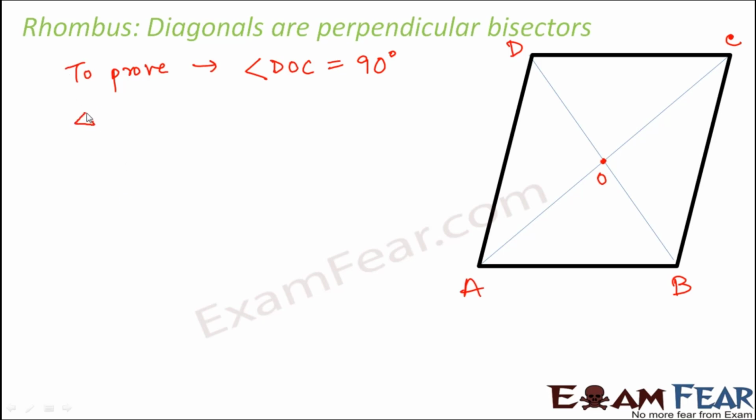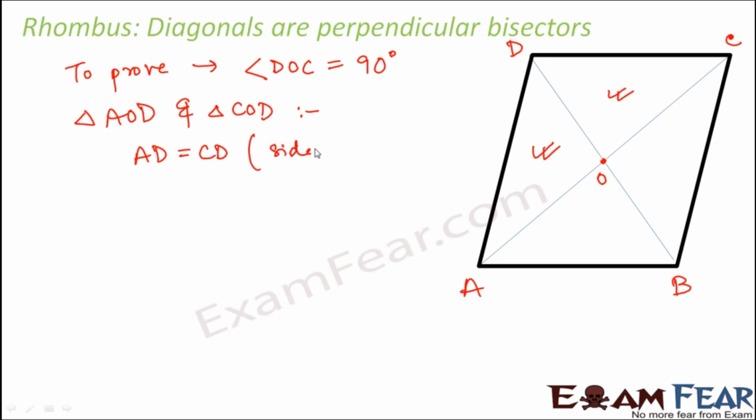For that, again, we will consider two triangles. So let us consider triangle AOD, that is this triangle, and triangle COD, this and this triangle. We will follow a very similar approach to how we did in case of a square. So in these two triangles, we find that AD is equal to CD, because in a rhombus we have equal sides.